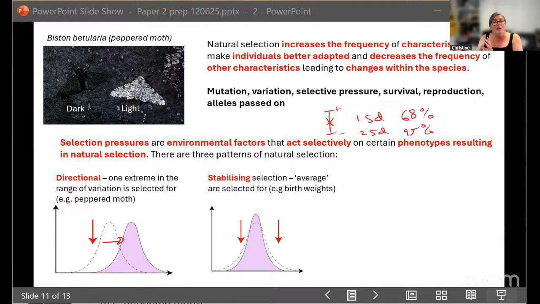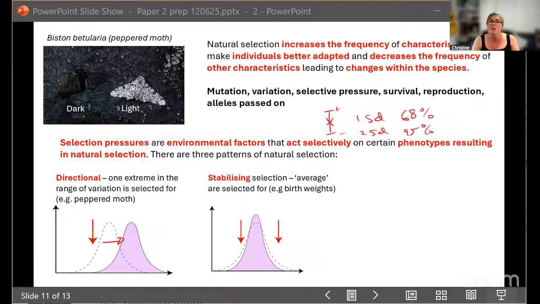Go too high, and there's a problem with the birthing process, and they're more likely to die through the birthing process. So therefore, the environmental factors that are acting selectively, 7 pounds is the average birth weight that is more selected for, because more are going to survive because they are developed enough and they also have the passage in the right way that helps them to get out the birthing canal without any complications.